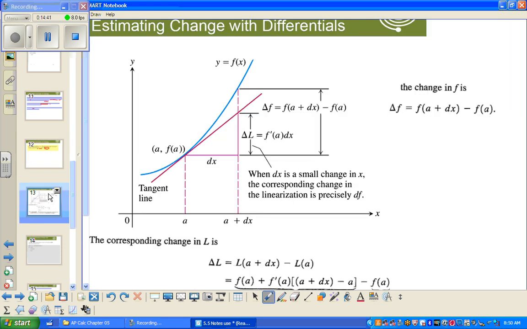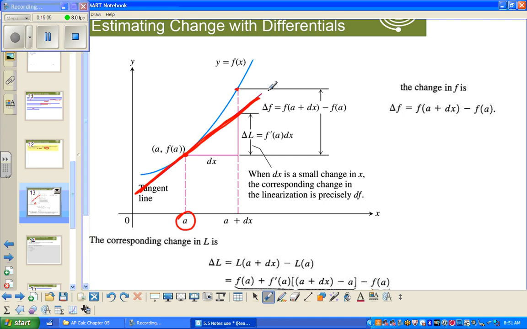So the a value we're looking at is right here. This is the a value, and what we're doing is we're just going to add dx amount to it. When we add this dx amount to it, we want to know how much that y value ends up changing. And what we do is we use this linearization.